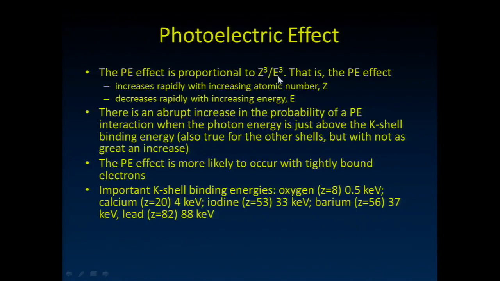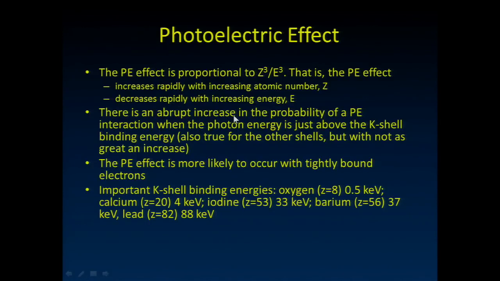As we go from 10 keV to 100 keV, 10 times 10 times 10 is 1,000, 100 times 100 times another 100 is 1 million. The denominator gets large very quickly. The probability of this interaction drops precipitously.